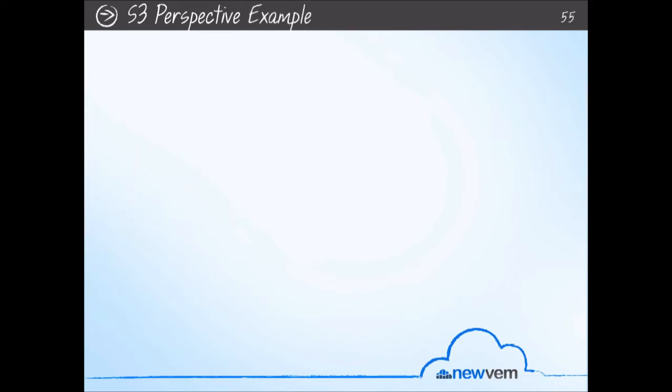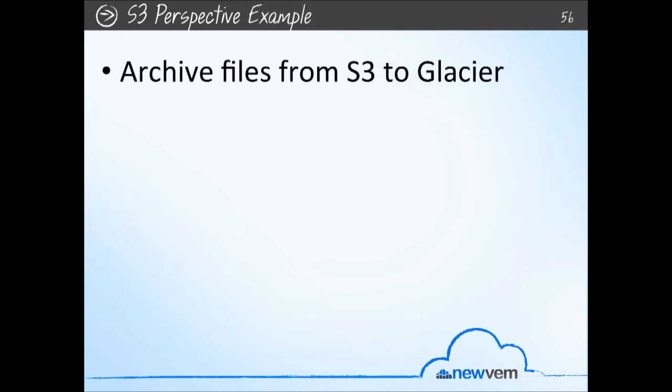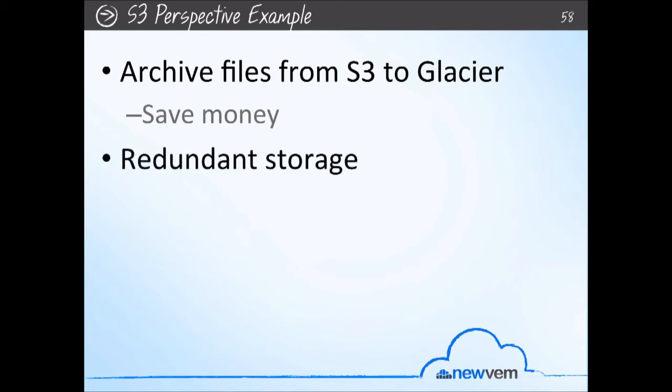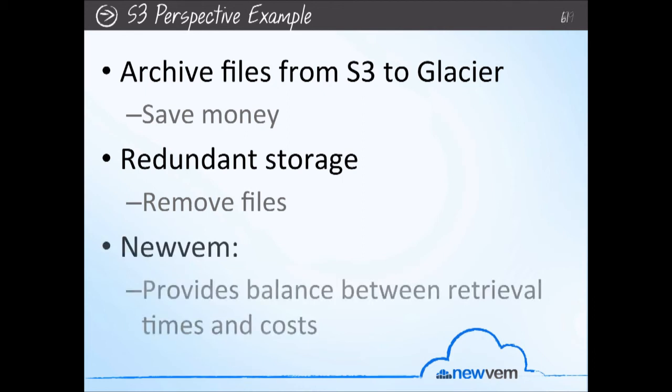For example, they may want to archive certain files from S3 to Glacier, taking them offline to save money. They also can find that they have redundant storage of files, and then remove the files either from S3 or from Glacier. Newvem provides understanding about balancing retrieval times versus costs. Newvem helps you understand your trade-offs when doing performance management in the cloud.